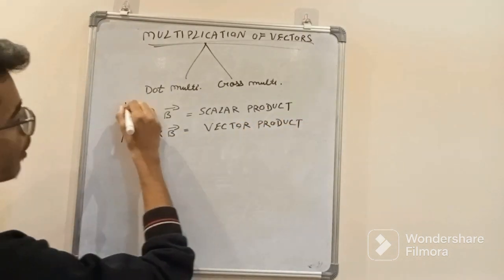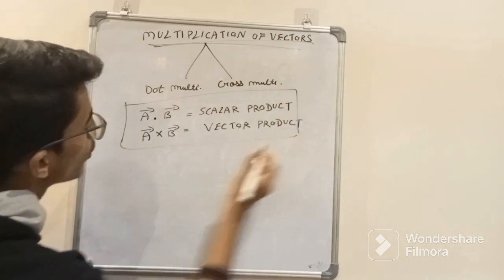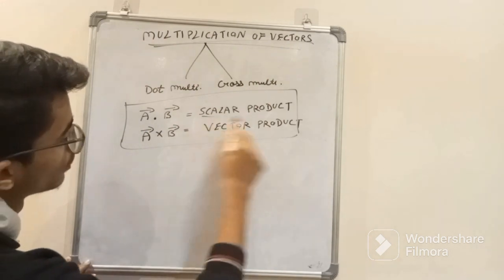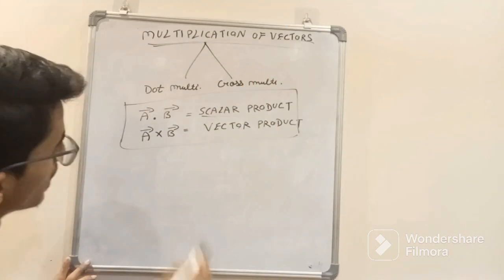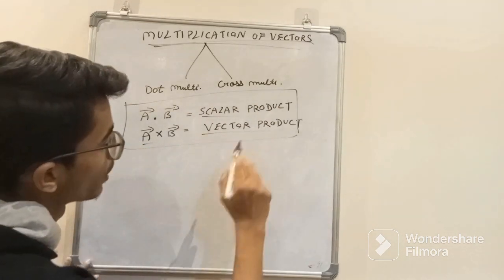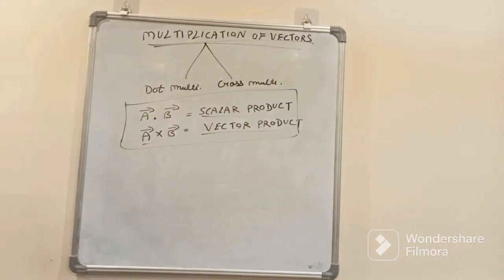This is very important. अगर हम किसी भी दो वेक्टर्स का डॉट प्रोडक्ट करते हैं, so the product will be a scalar quantity. और अगर हम किसी दो वेक्टर्स का क्रॉस प्रोडक्ट करते हैं, the product will be a vector quantity.